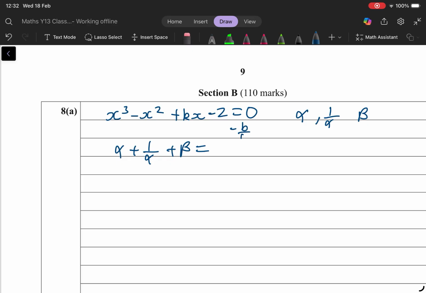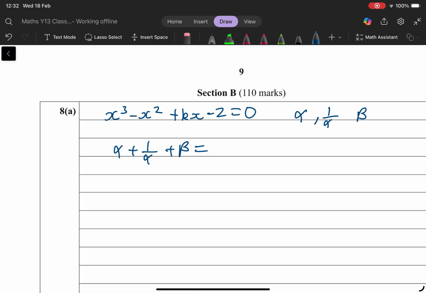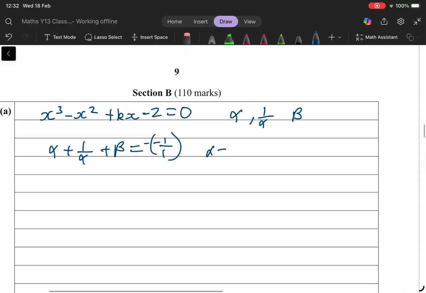You might see it more commonly written out. So basically the coefficient of the second term in the polynomial over the coefficient of the first term in the polynomial with a negative sign. So that's going to be minus 1 over 1, but then minus that, so it's just equal to 1. So alpha plus 1 over alpha plus beta is going to be equal to 1.